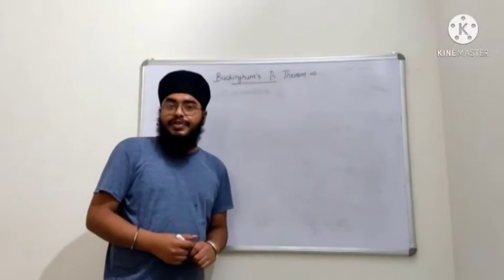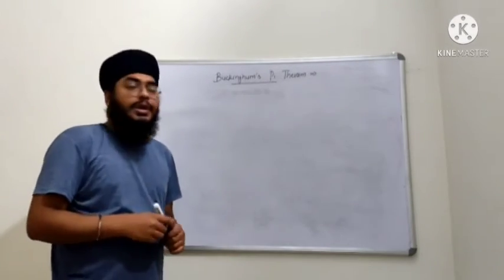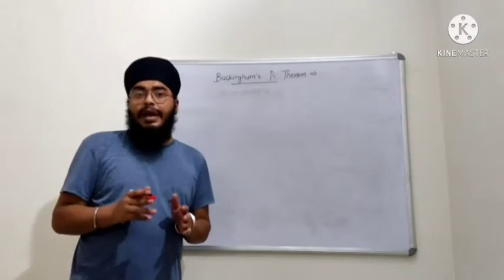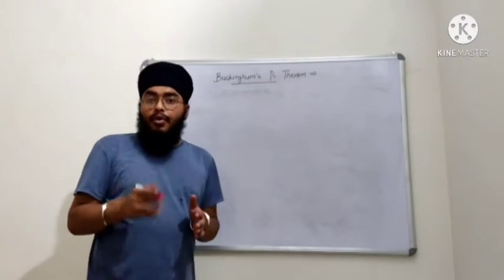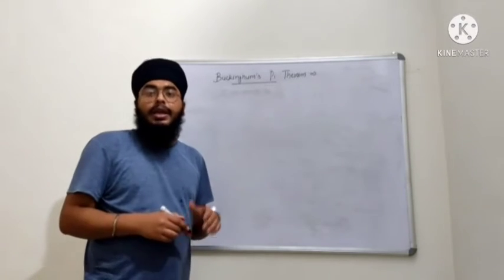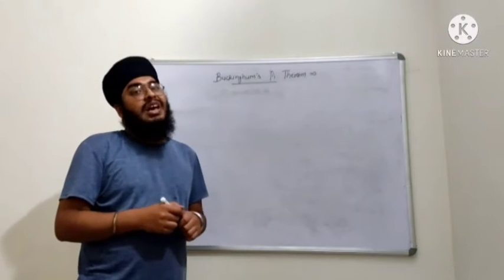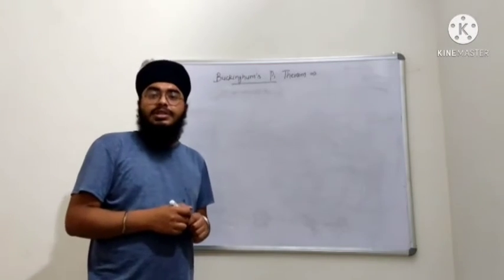Now, the next topic which we discuss is Buckingham's pi theorem. Buckingham's pi theorem states that efficiency of a fan depends on rho, density, nu, dynamic viscosity, W, which is angular velocity, d, which is diameter, and q, which is discharge.